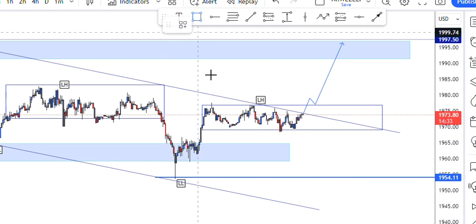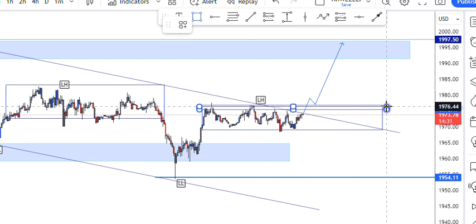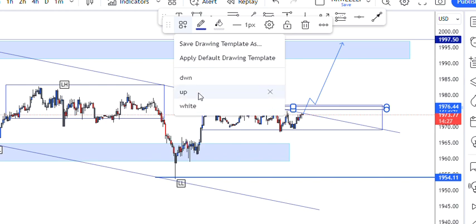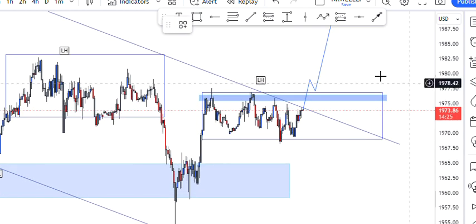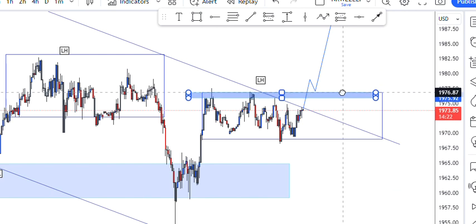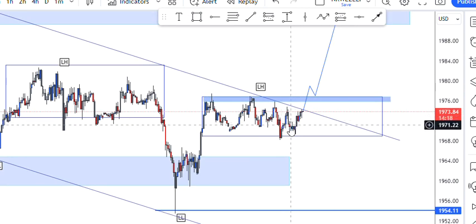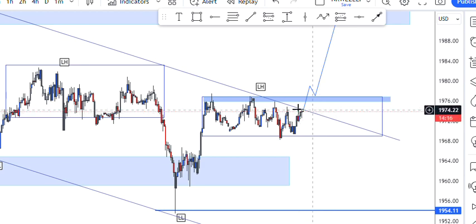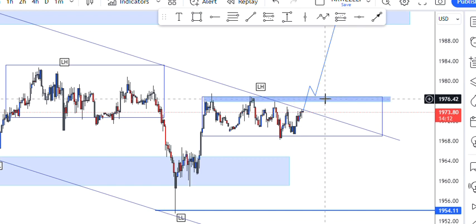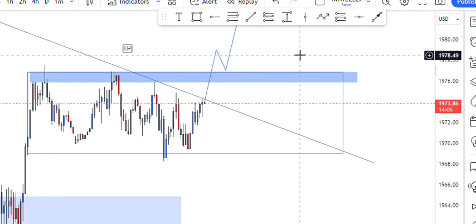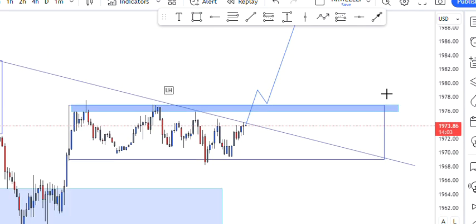Let me just cross some structure here so I can see exactly what's going on. So this is the structure I'm going to be using. I'm not going to be trading exactly on the break of the channel, but if we do get the break of the channel and maybe a retest here, depending on the momentum, it's always good to get a retest of structure.